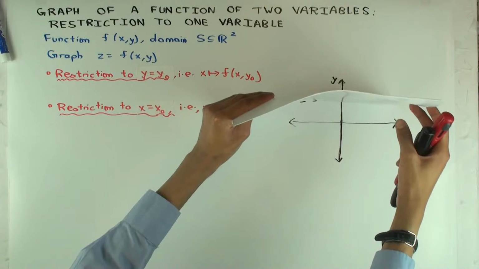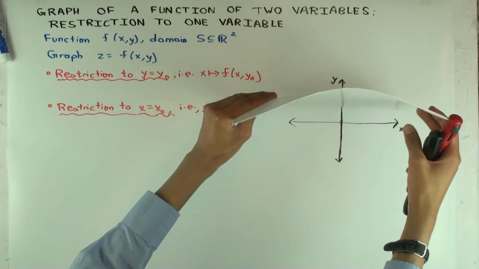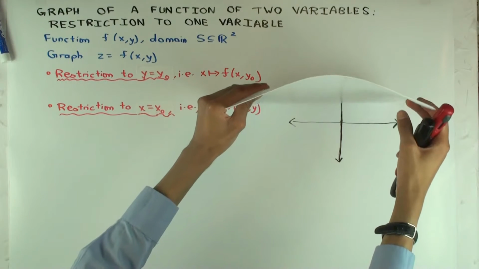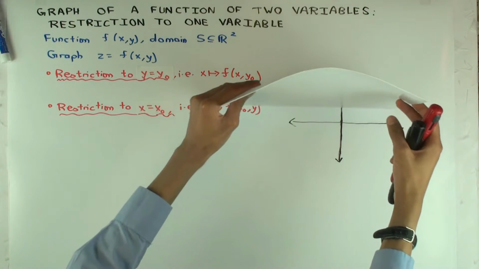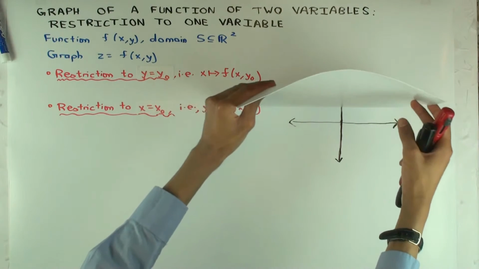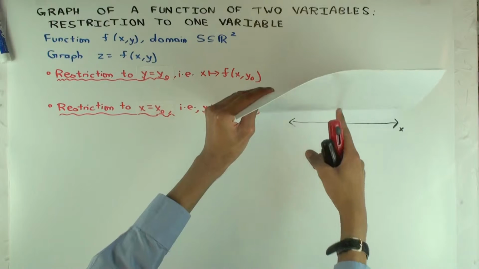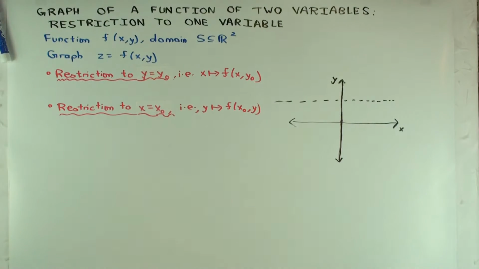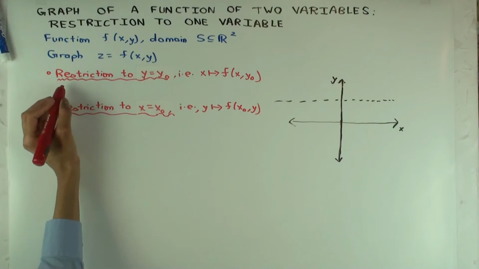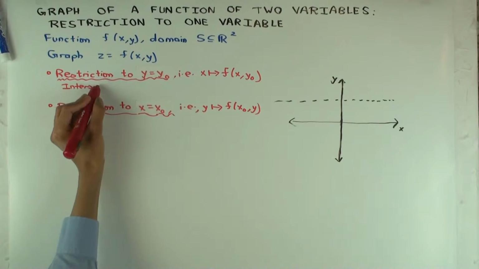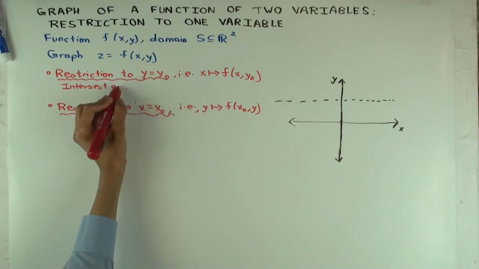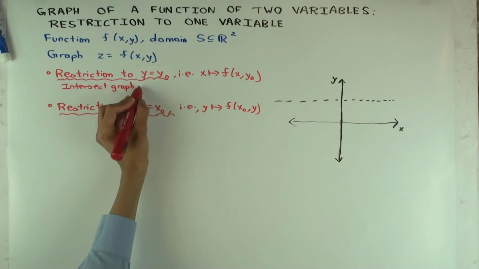And now since we're doing this in 3 dimensions, it's actually a plane. It's a plane with one axis along y equals y naught that's parallel to the x-axis, and the other axis parallel to the z-axis. So it's a plane parallel to the xz plane. So intersect the graph with the plane y equals y naught, which is parallel to the xz plane.